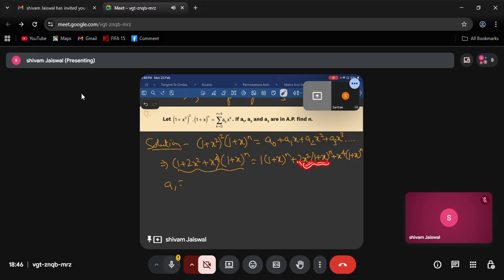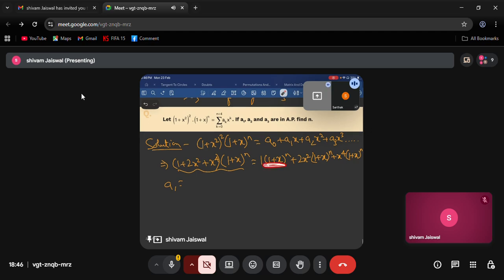No, sir. Why not? In the second and third expressions there will be no x, right? The x square is already multiplied with 2x square and x to the power 4. So only over here you will get the coefficient of x.